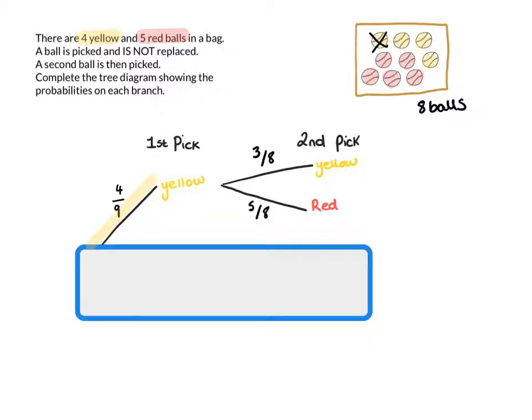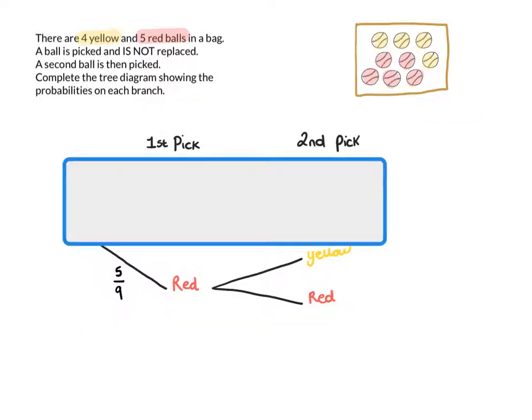Now we've completed the top section of the tree diagram, we're going to ignore that and we're going to look at the bottom section. So now this is a completely different scenario. So imagine you have picked a red ball as your first pick. Again, because we've only taken 1 ball out of the bag, we've got 8 balls left in the bag.